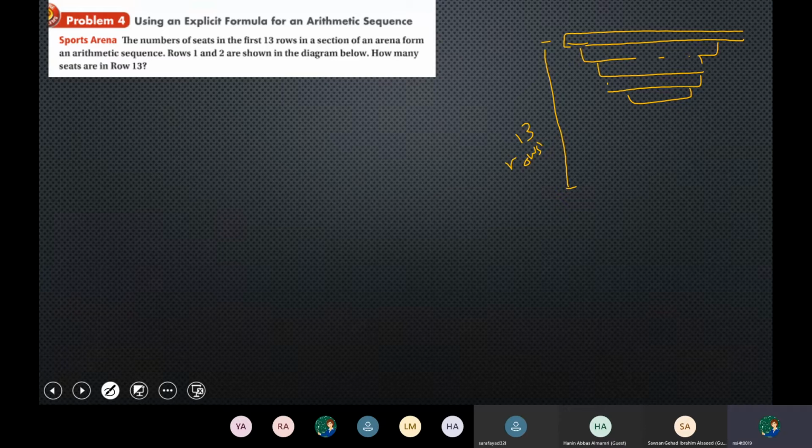Rows 1 and 2 are shown in the diagram: row 1 has 14 seats and row 2 has 16 seats.